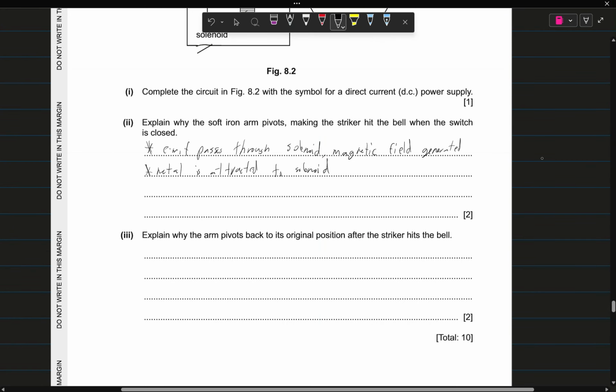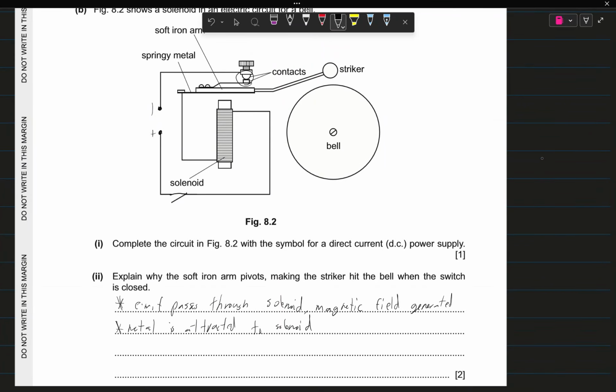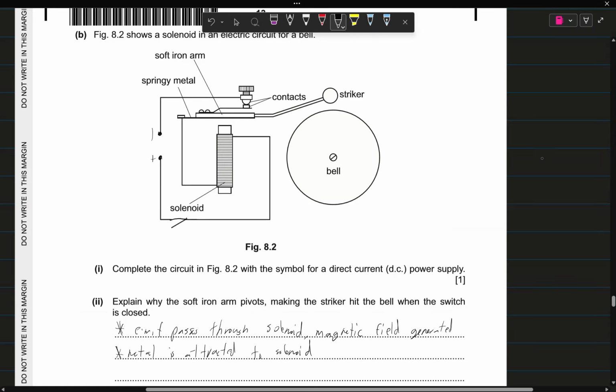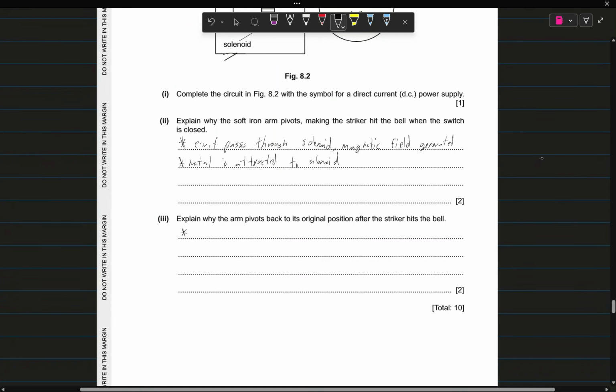For part 3, explain why the arm pivot moves back to its original position after the striker hits the bell. Okay, so basically here the contacts will be broken, so no more electricity will pass through, no more EMF, and so the magnetic field will be broken. Or we can say that the solenoid no longer acts as an electromagnet. So that's what we're going to say. Contacts are broken.